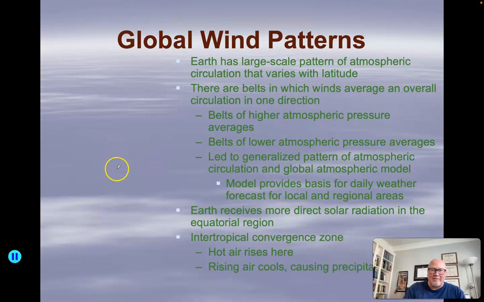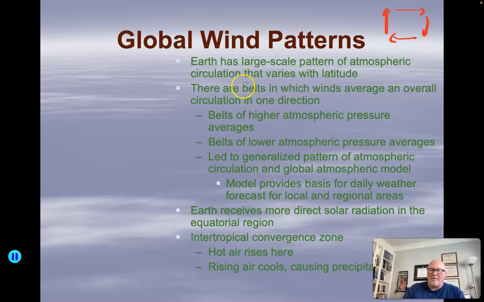Now, you would think that that would just mean that you've got these areas where the air rises, it cools, it sinks, and then it falls. And so it's just flowing in this one area. Well, that would be true, but the Earth is also spinning. Because the Earth is spinning, that has an effect on these winds.